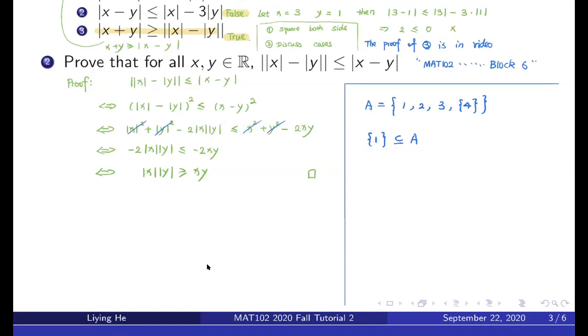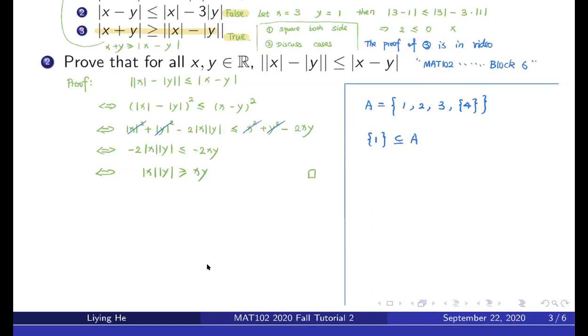Because the only element this set has, which is 1, is also an element of A. So the element of this set is also the element of A. That makes it a subset of A. Does that make sense? Yeah.